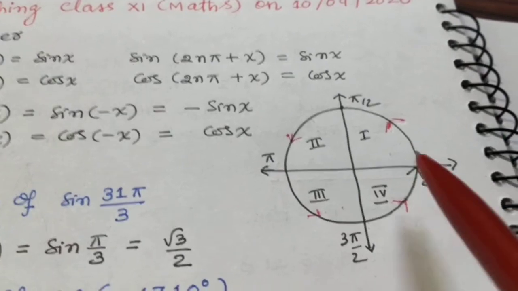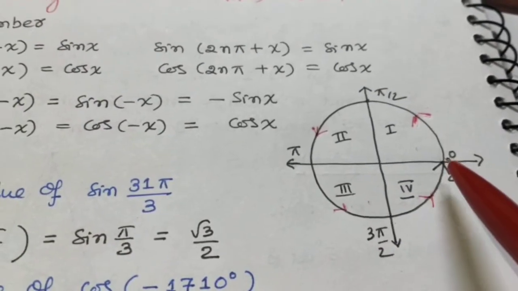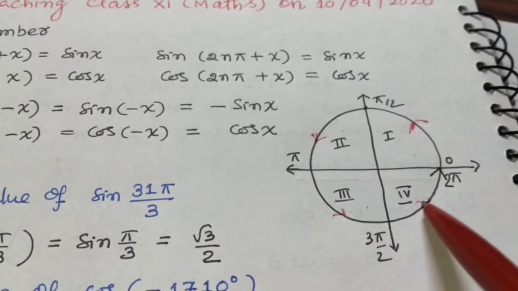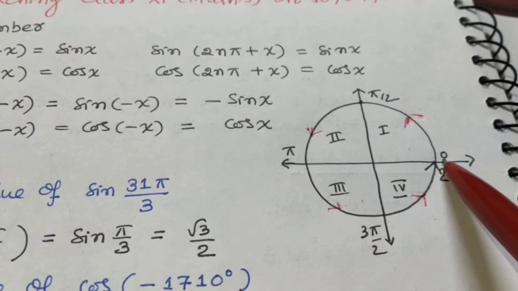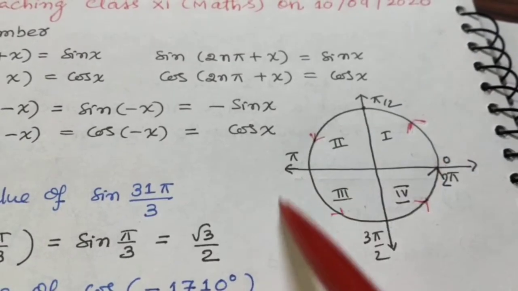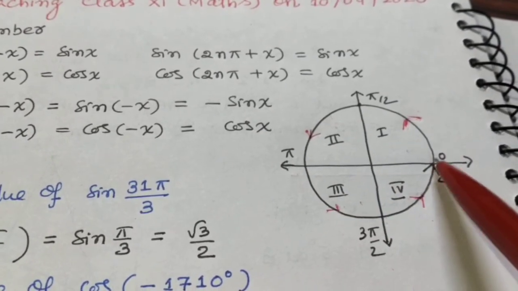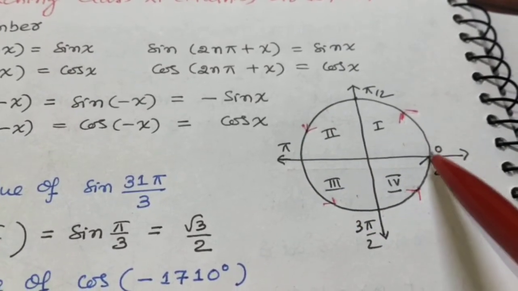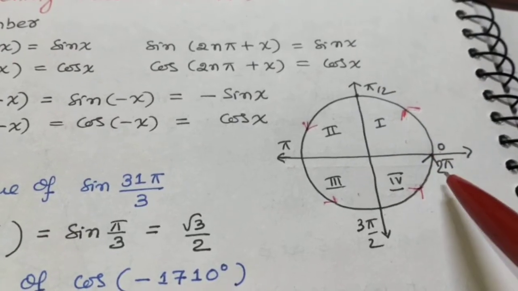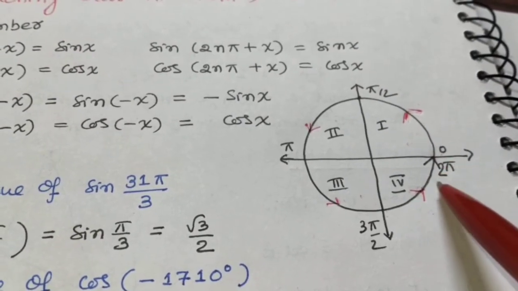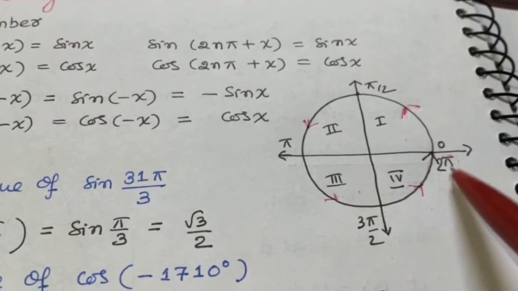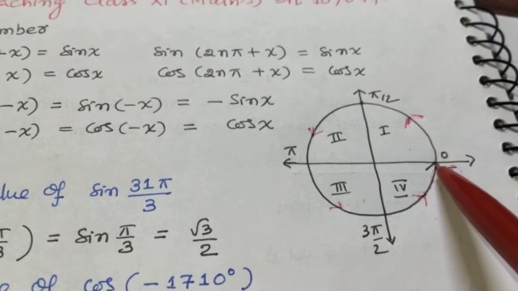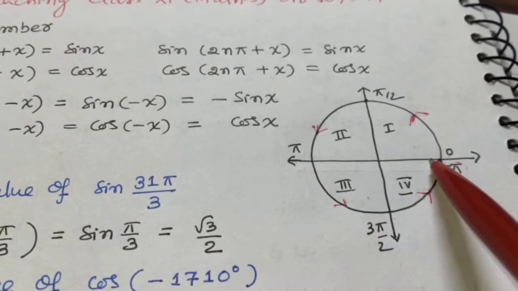What I would like to impress upon you all is that when 0 degrees started, then 180, 270, 360, 360 is coinciding with 0 degree. Not only that, twice 360, thrice 360, 4 times 360 will also coincide. That means multiples of 2 pi, where 2 pi radian is 360 degree, will coincide with 0 degree. Means you again come to the initial point.